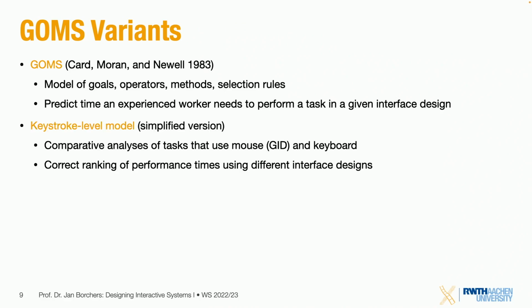Then there is the keystroke level model, KLM, which is a simplified version of GOMS. It basically works like GOMS, except I only look at a very specific task that I break down directly into a sequence of operators.